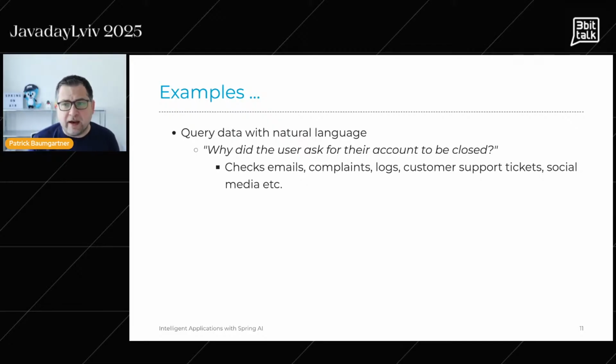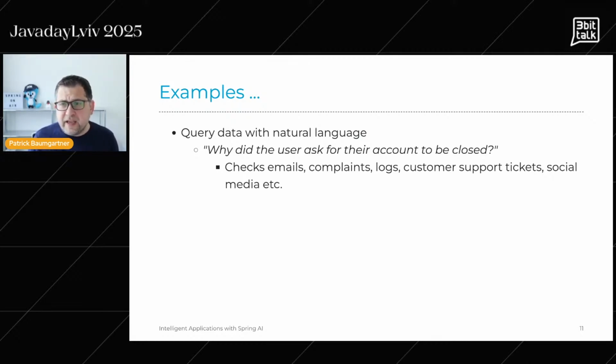Instead of using something like SQL and just one data store, you might use natural language to do things or check things like emails, complaint logs, tickets, and so on and so forth. And you would get an overall understanding of why, for example, the user closed the account.